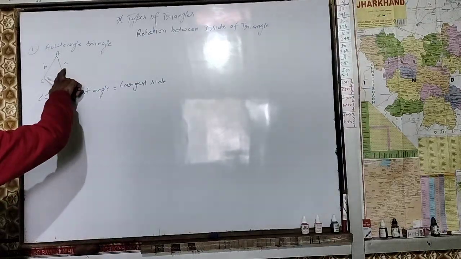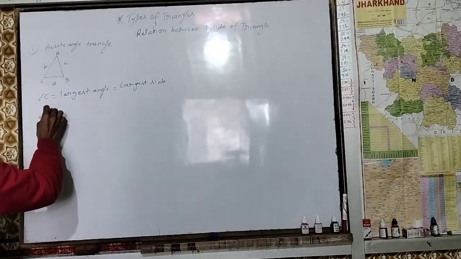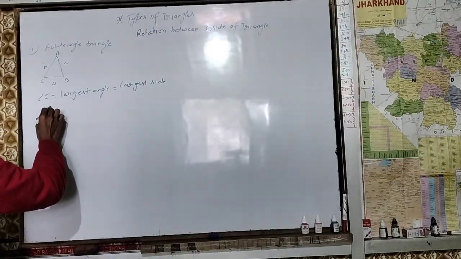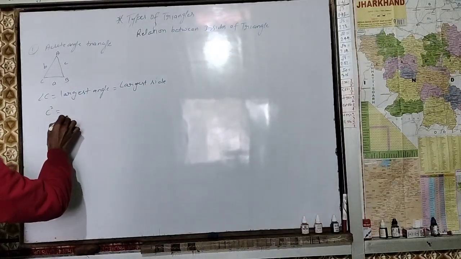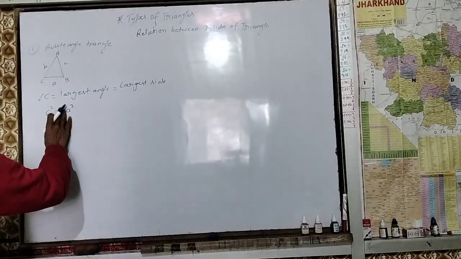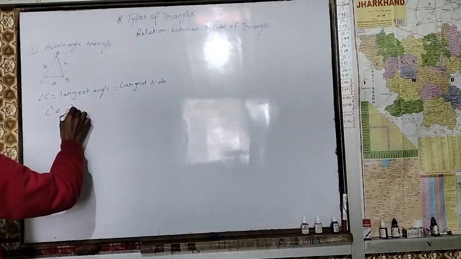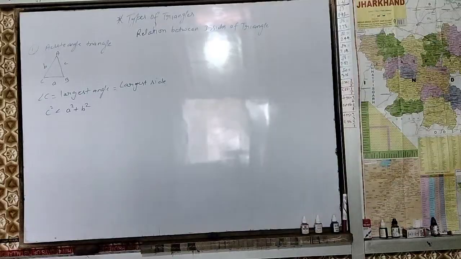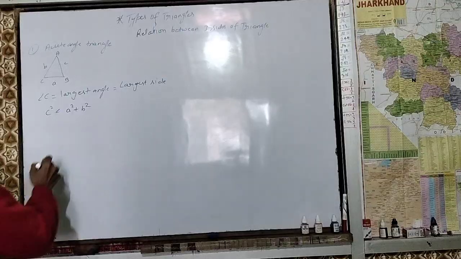If side C is greater, then C raised to power 2 will be equal to A raised to power 2 plus B raised to power 2. But here C is not greater.